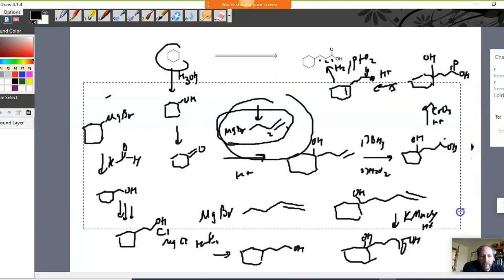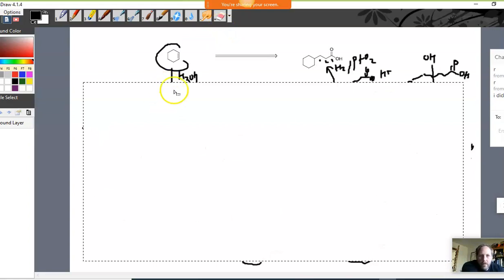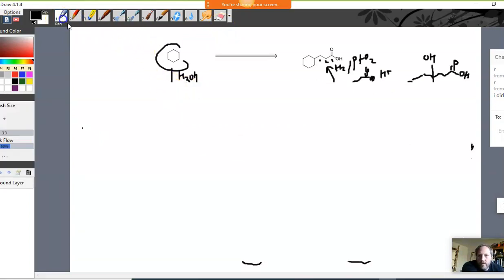Let me show you another way to do it, which I just thought of right now. Would be to take this, turn it into the chloride, just like how we've done. Add the acetylide to it. So it's the same type of thing. H there.